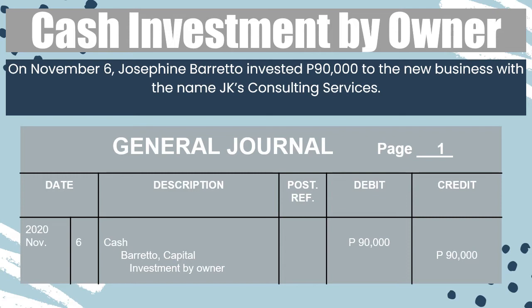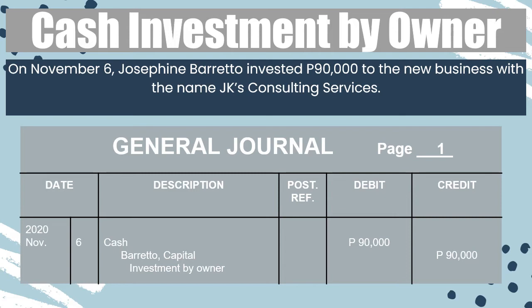At ano ang kabangga ng asset na ito? Which is owner's equity. Ang gagamitin nating account or description is Barretto Capital kasi si Josephine Barretto ay nag-deposit sa business ng 90,000.